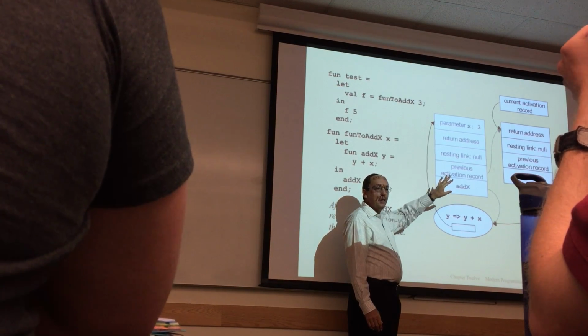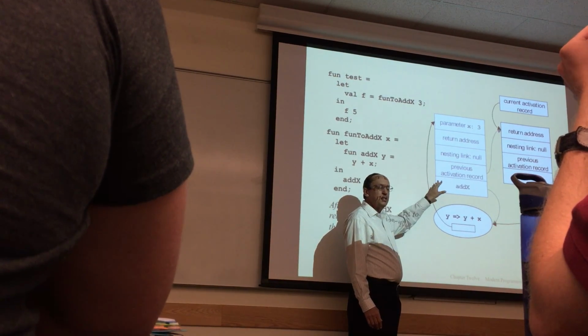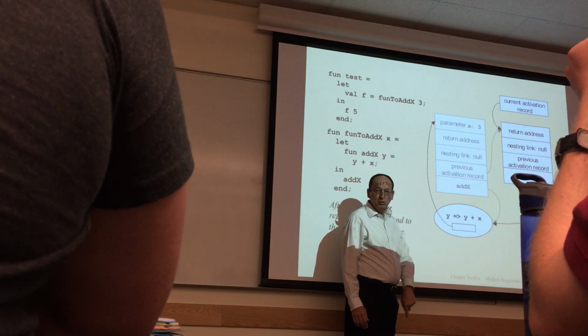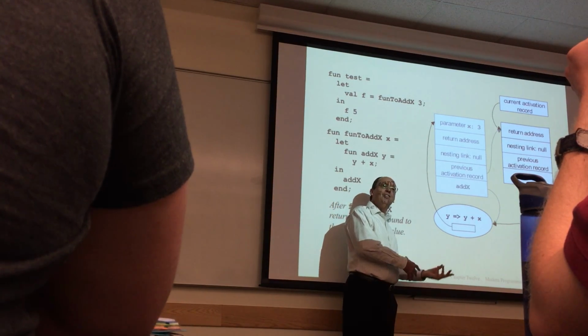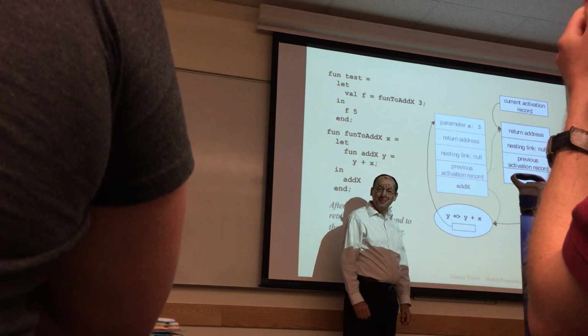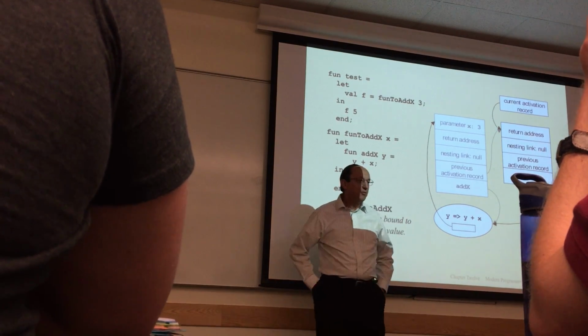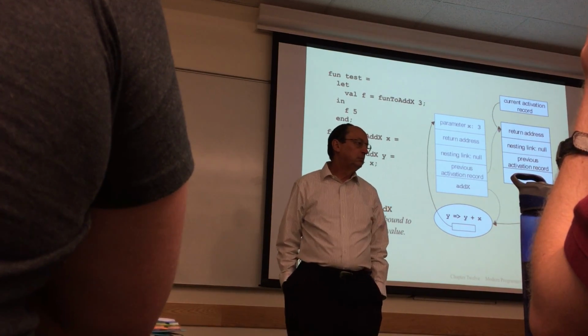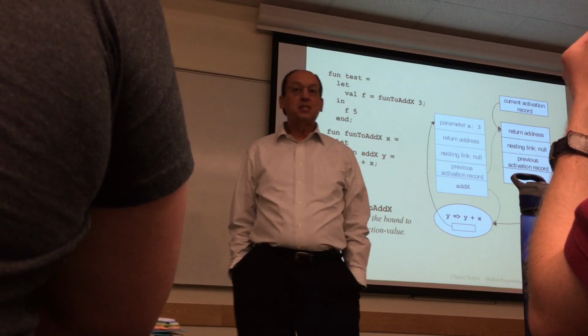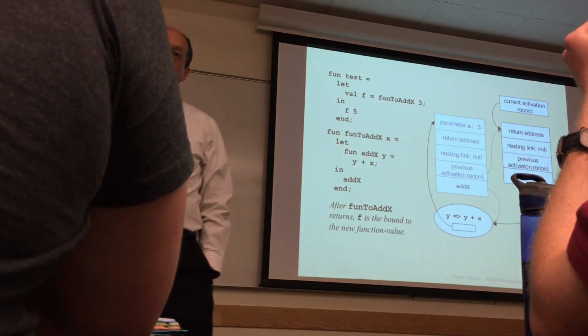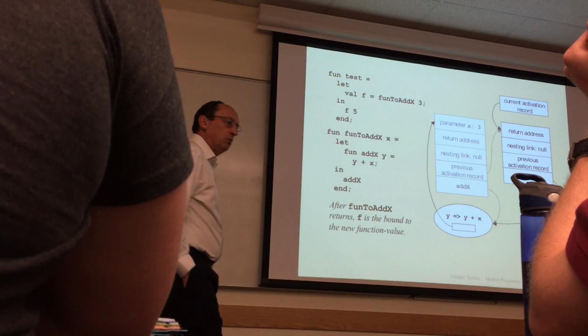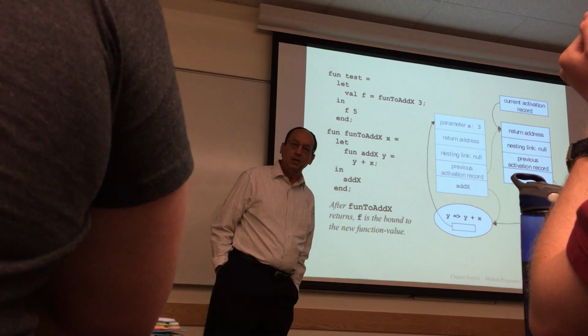The point is that activation records need to persist beyond their execution when their environment is still needed. And this happens when you return a function from a function. It's still a nested function. It still needs to access what was in the containing function. Is this making sense?